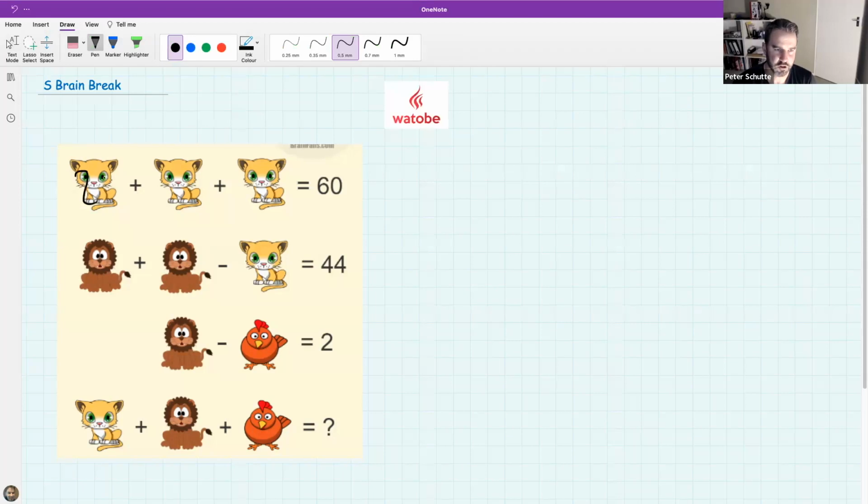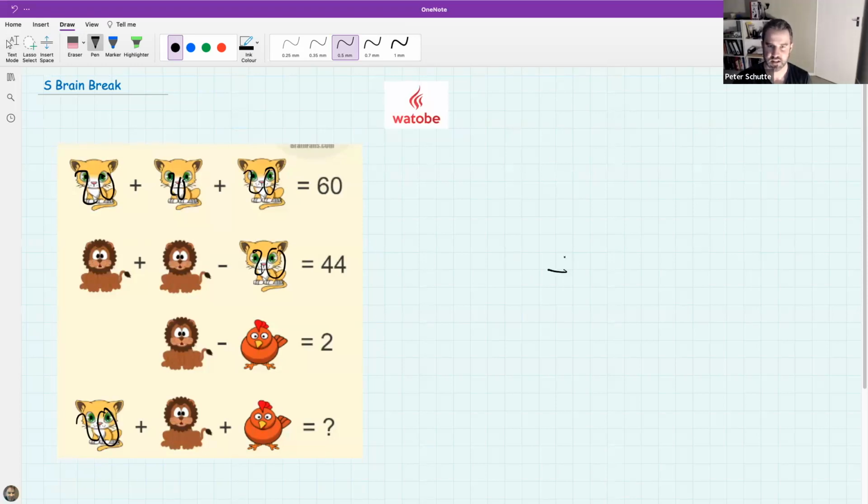I think this first part's not too bad. That should be 20, 20, 20. So when you get to the lion, be careful here because 2 lions minus 20.